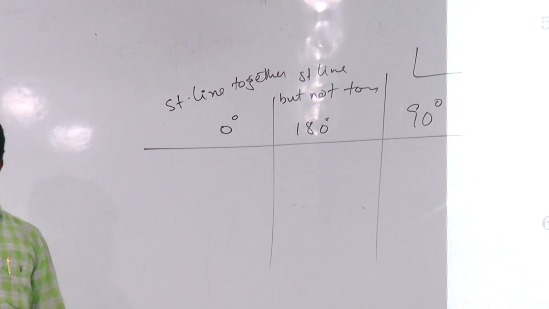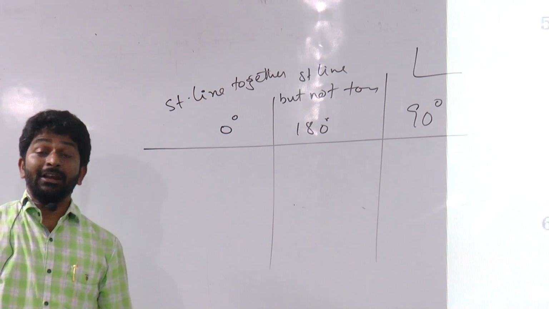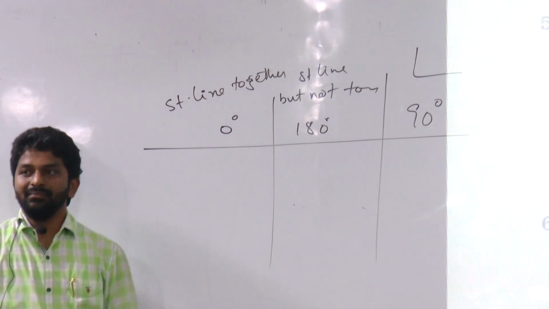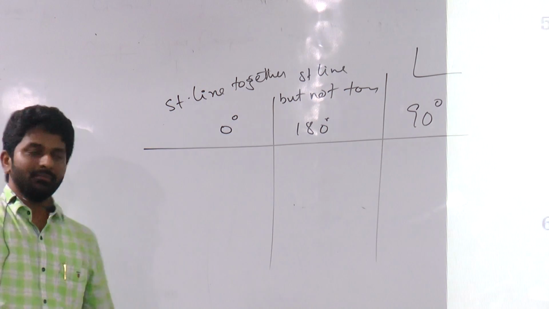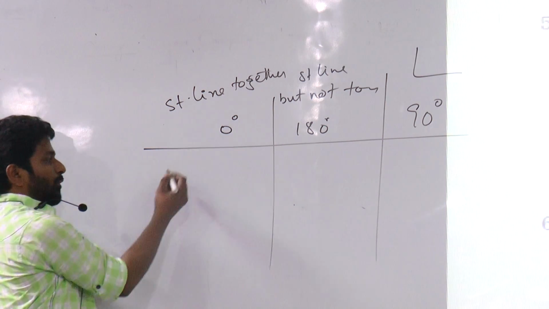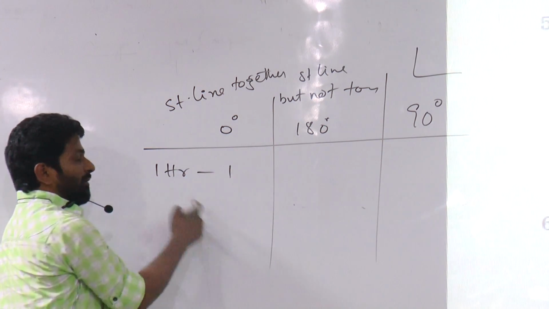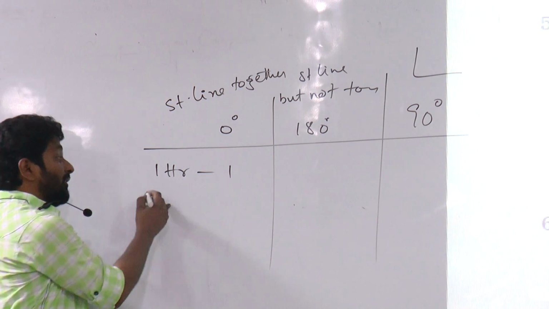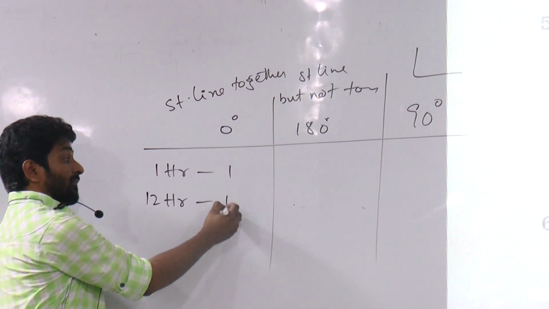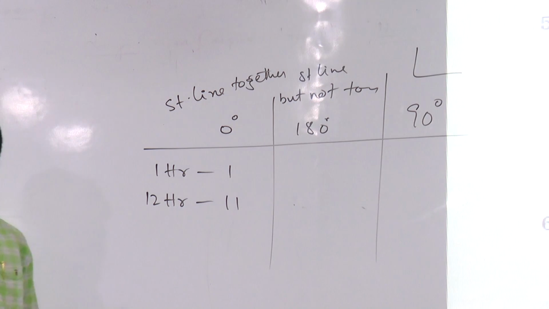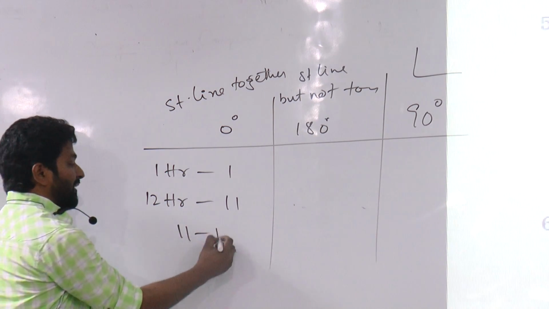0 degrees. In one particular hour, how many times will the minutes hand meet the hours hand? One time. So this case will come to picture one time in every hour. In 12 hours, 11 times only. Missing time in between 11 to 1.